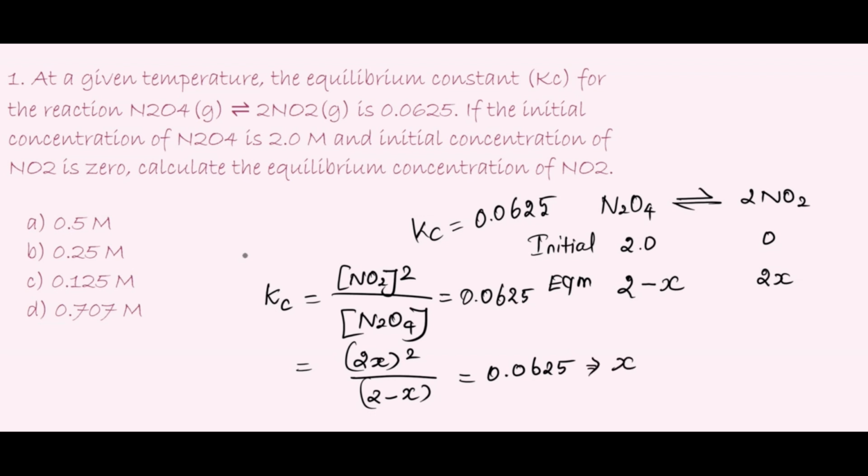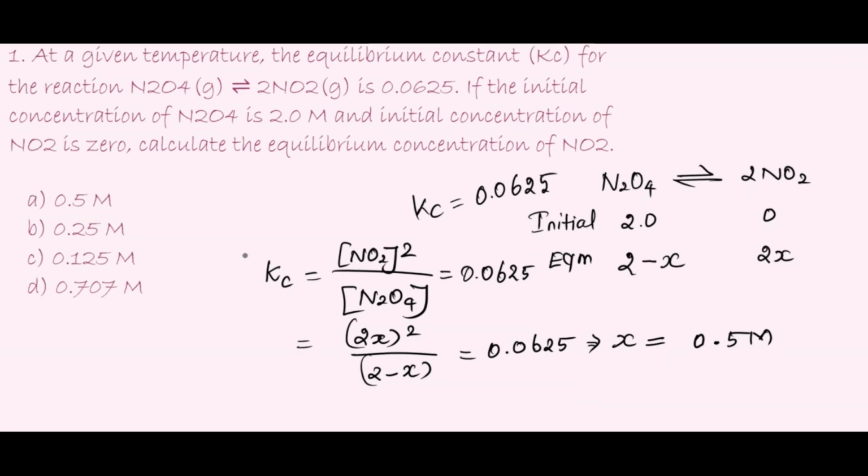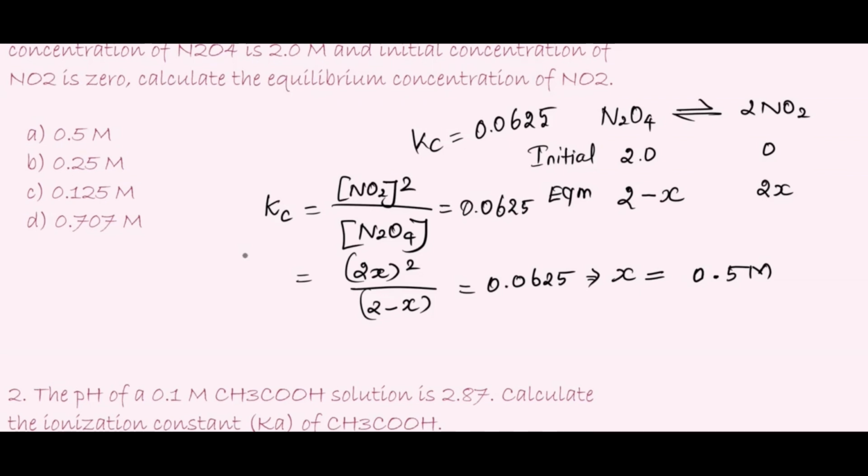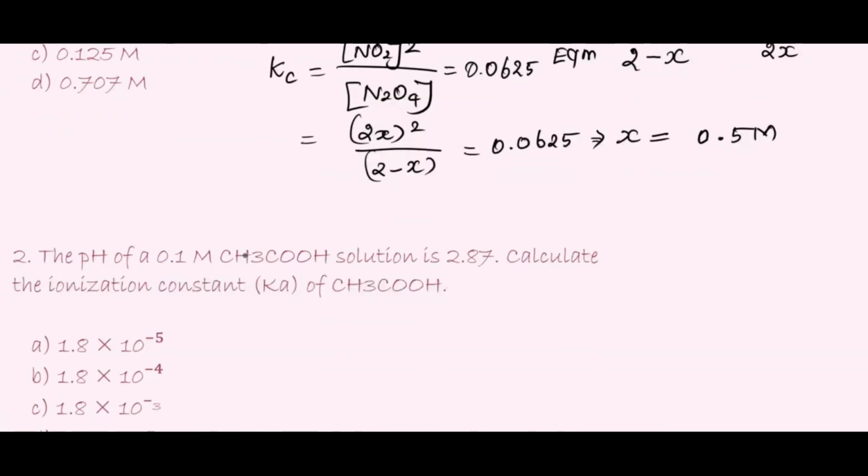Upon solving, you will get the x value: 4x squared by 2 minus x, and from the equation you will automatically get the x value as 0.5 molar. Is it clear? If that is not clear, please let me know. Then the correct option to this question is option A.